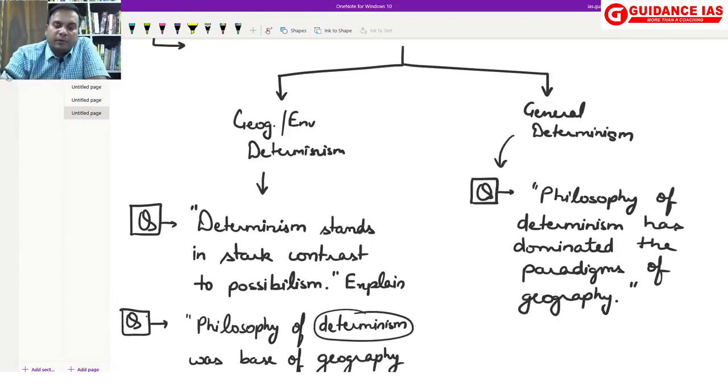Paradigms of geography. Discuss. Can you understand now? Or paradigms of modern geography. You can also write modern geography, or even geography will do.